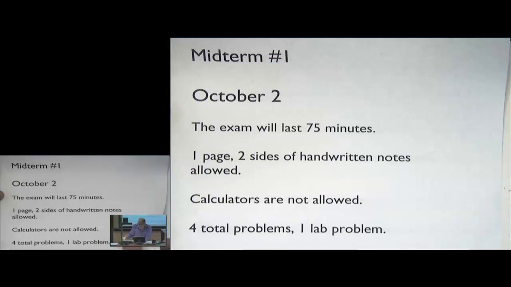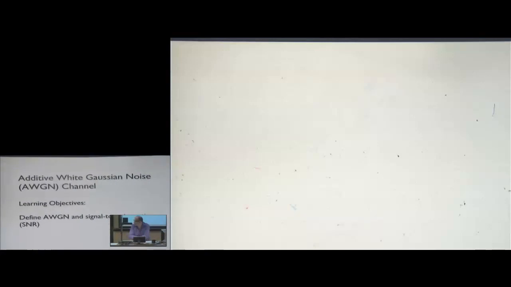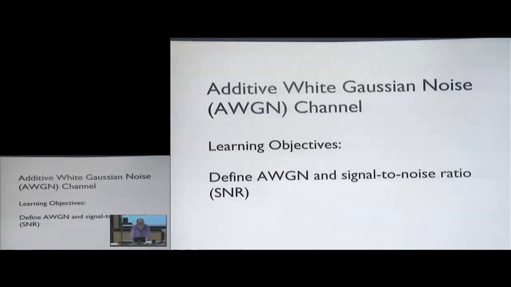All right. So now we go back to the lecture at hand. Now we're going to talk about the additive white Gaussian noise channel. You should be able to define this channel and compute SNR.